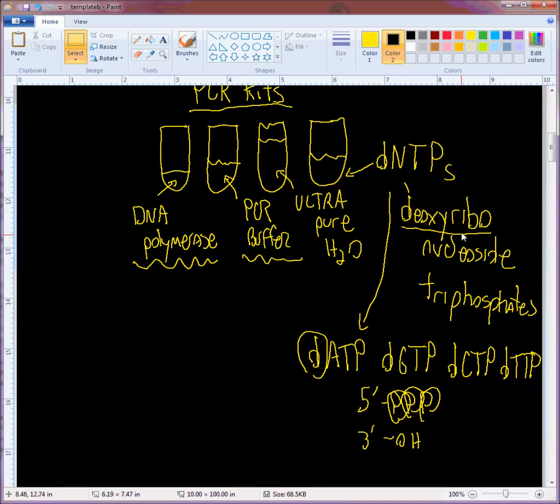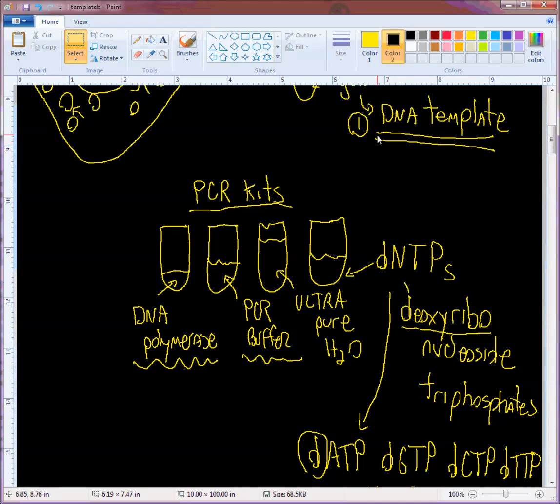Oh yeah, deoxyribonucleoside triphosphates, dNTPs, just a collection of the 4 nucleotides we're going to need to replicate the DNA. So we have a number of different components here. We need a DNA template, number 1. We need DNA polymerase. We need PCR buffer, which is number 3. We need water, ultra pure water here, which is number 4, and we need dNTPs, which is number 5.